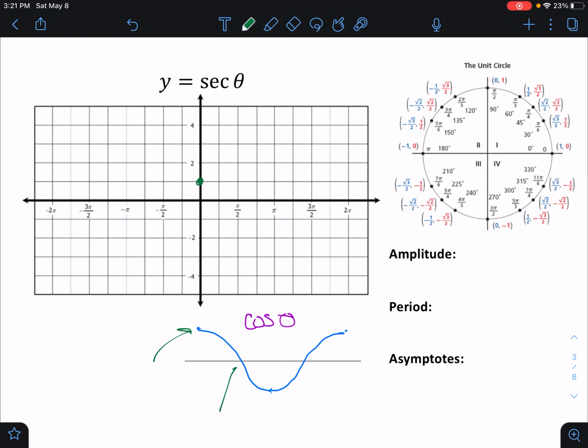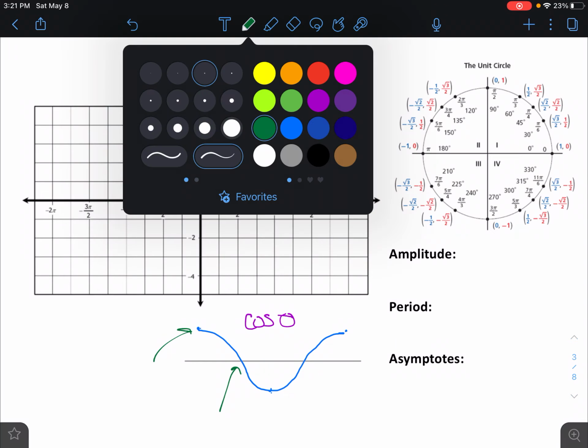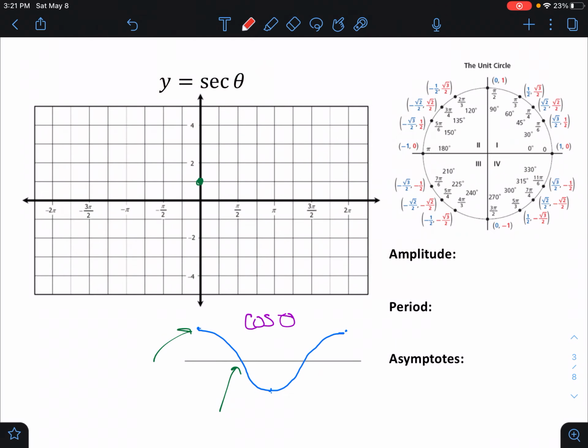Now here at pi over 2 it is 0. The reciprocal of 0 is undefined, so this is where I would have my asymptote line here. I would also have another one right here, and that's at 3 pi over 2. So really, if I go back the other way, every 4 squares I'm going to have an asymptote line, so I could go back this way.